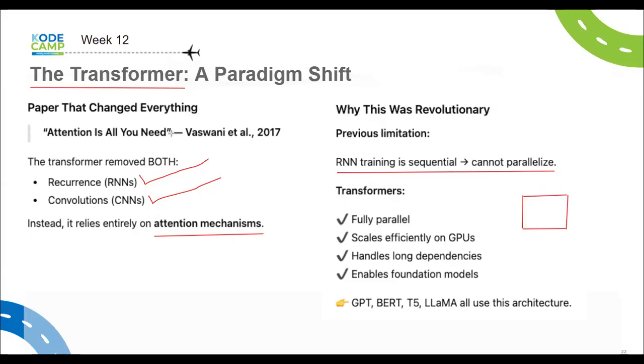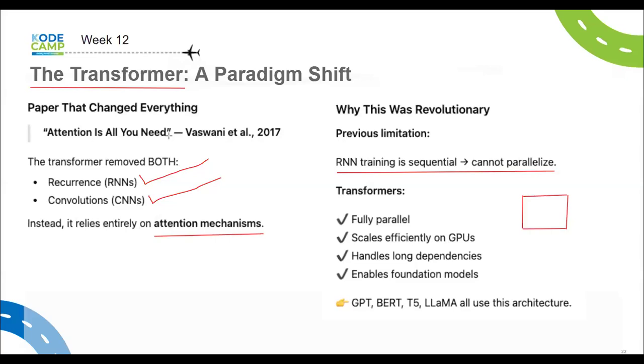Because these guys proved that what you really need in natural language is not the sequential nature of the data itself, but rather the attention, the effect that each token or word in a sentence has on other words, whether words that came before it or words after. So essentially, they replaced the idea of sequentiality with the idea of attention.